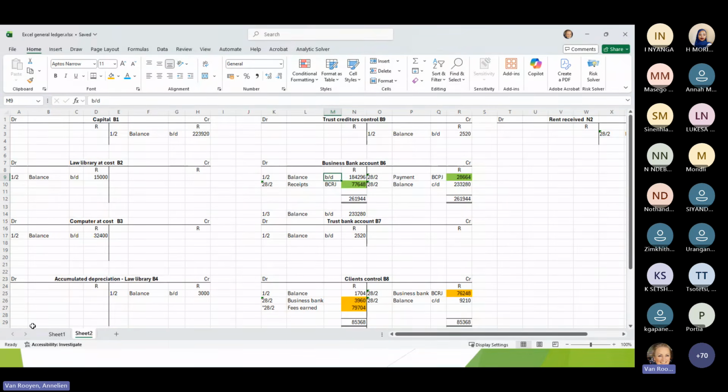Please, there's 2 long examples in the study material. Take some time, work through it, use your own paper, draw up the accounts, do everything on your own before you refer to the solutions, please. You will definitely get these type of questions in the exams and in the assessments.